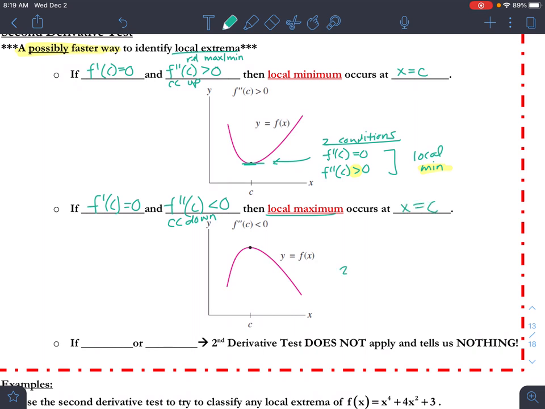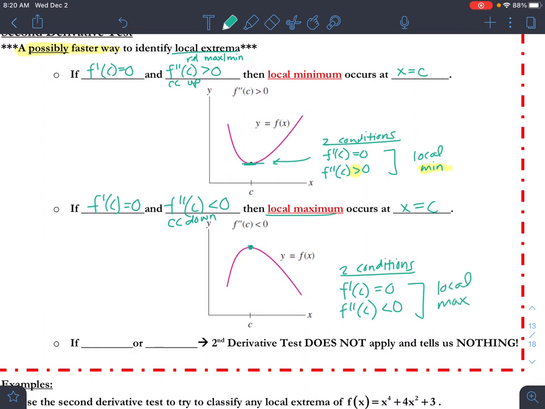So again, this one has the same idea of two conditions. Number one, f prime of c has to be 0, aka a horizontal tangent on that original graph, or 0 slope. And if f double prime of c is negative, aka concave down, with 0 slope, you can see visually this guarantees a local max.